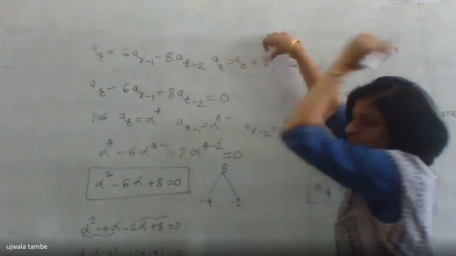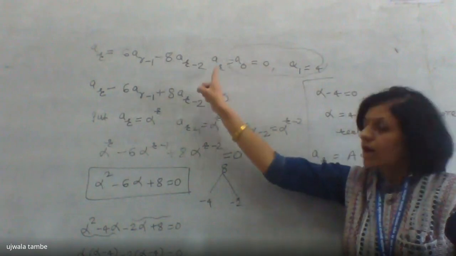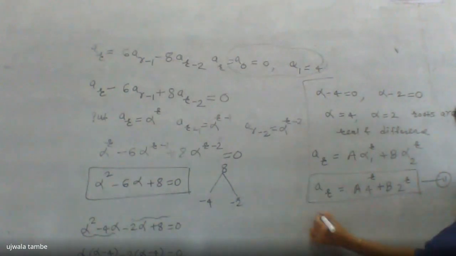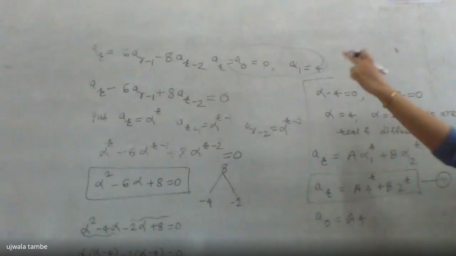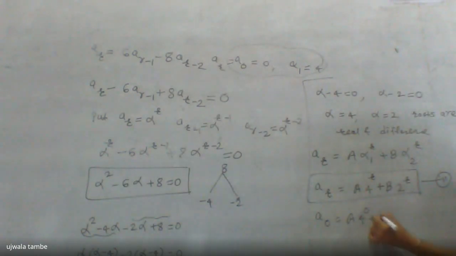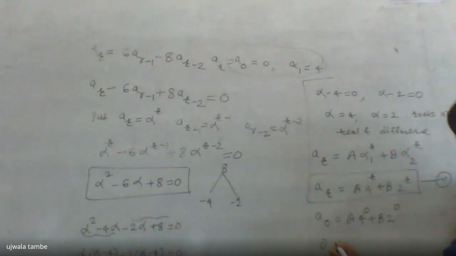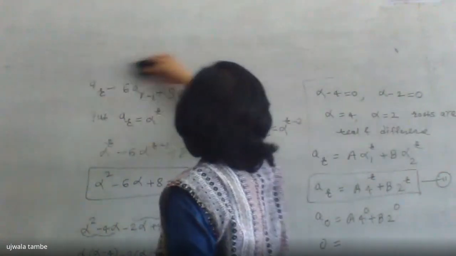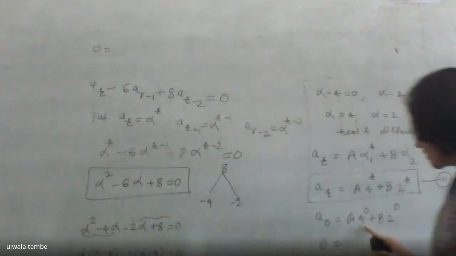Compare with a suffix r, the value of r here is 0, so put r is equal to 0 in the second equation. a0 is equal to a into 4 raised to 0 plus b into 2 raised to 0, but a0 is 0.